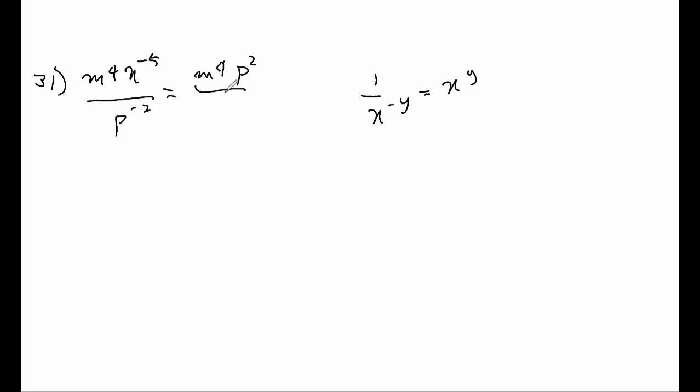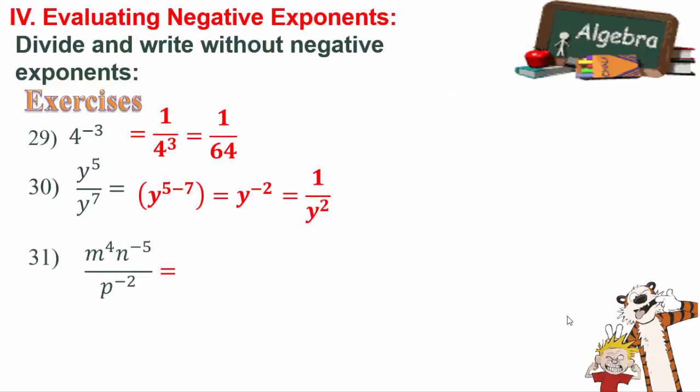Similarly, I'm going to take the n to the negative 5, and I'm going to use the negative exponent rule that says x to the negative y is equal to 1 over x to the y. So that means that I'm going to bring the n to the negative 5 to the bottom and make that to the positive 5.